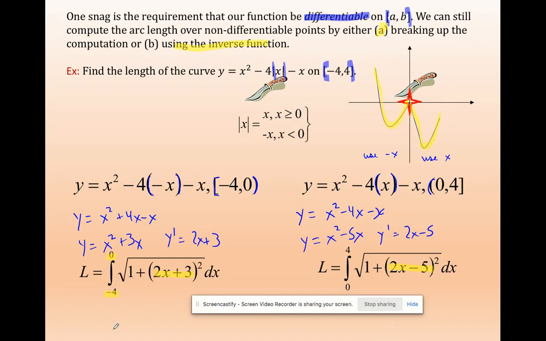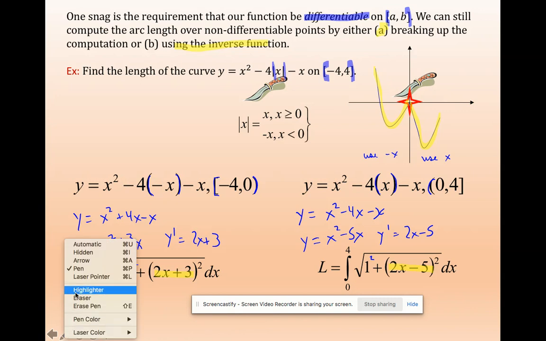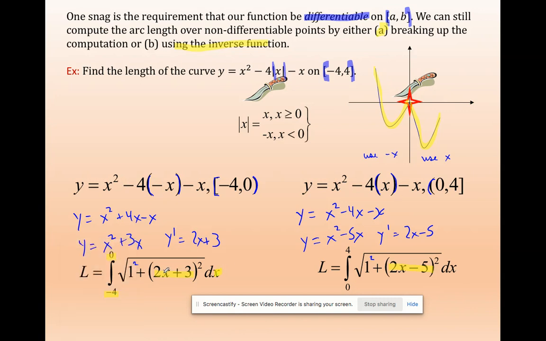Remember Pythagoras is a sum of squares. So just think of, if it helps you, put a square everywhere, right? Because 1 squared is just 1. I am integrating with respect to x. So my function is in terms of x, and my limits of integration are in terms of x.